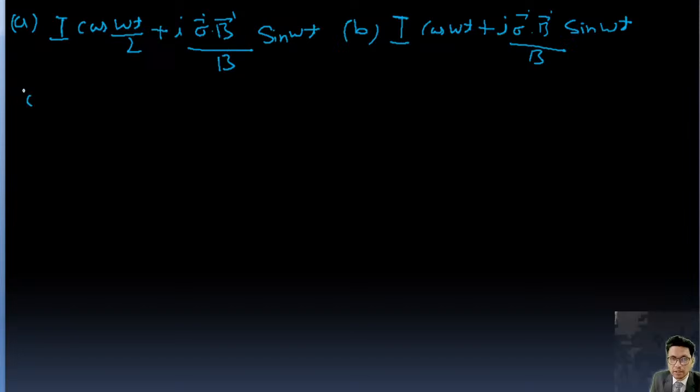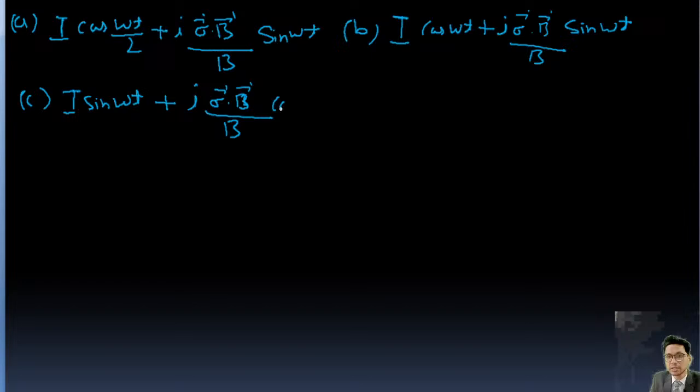Option C is I sin omega t plus iota sigma dot vector B upon B cos omega t.